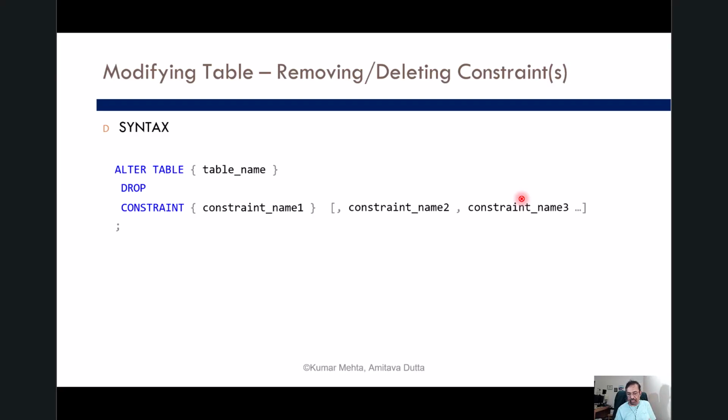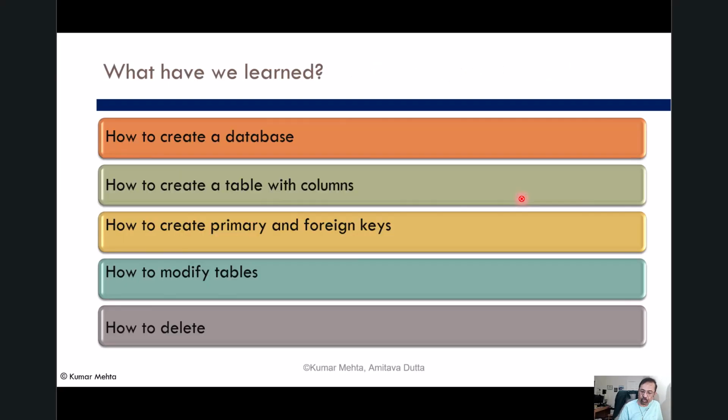So just like you can add columns and drop columns, you can add constraints and drop constraints. So what have we seen in this particular lesson? We saw the DDL commands. The DDL is a segment of the language SQL. We saw the grammar of DDL, how it's used to create a database, how to create a table, how to create a table with columns, how to use constraints to create primary and foreign keys, and then how to modify the structure of tables using the alter table command.